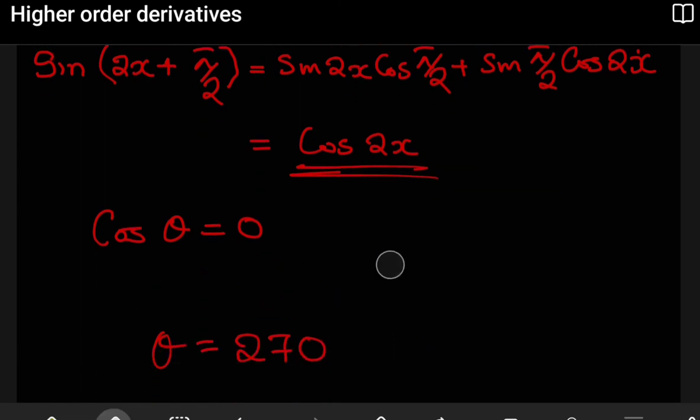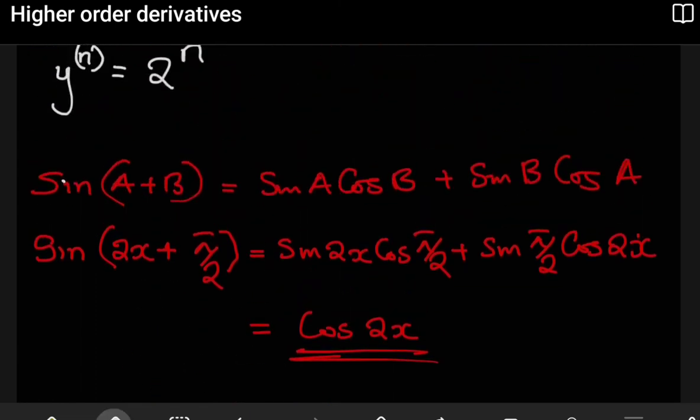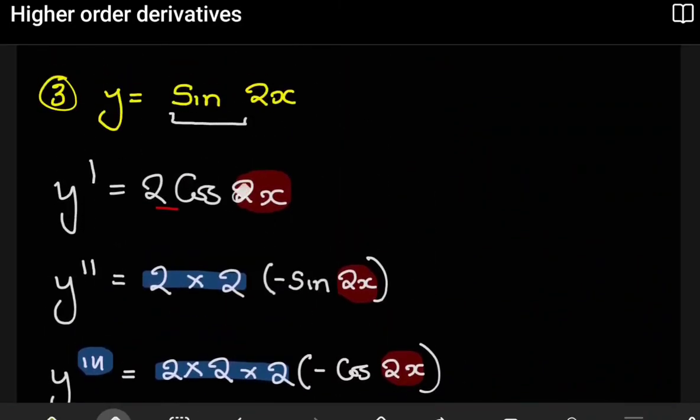So with that in mind, we can write this expression as just 2 sine of 2x plus pi over 2.